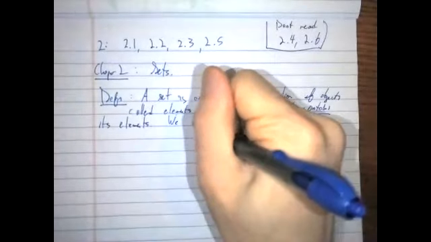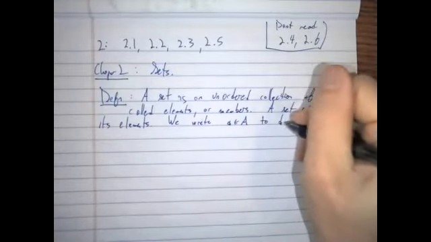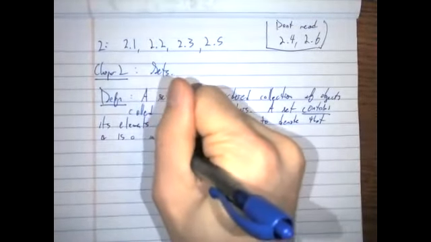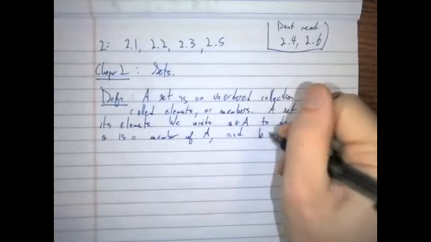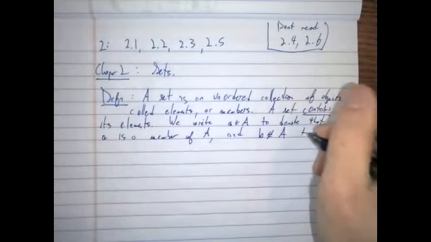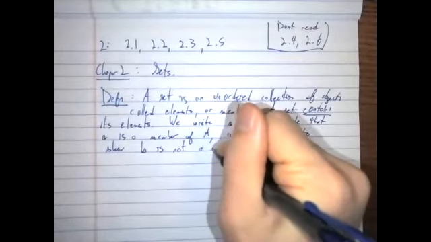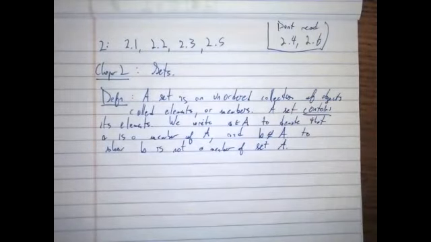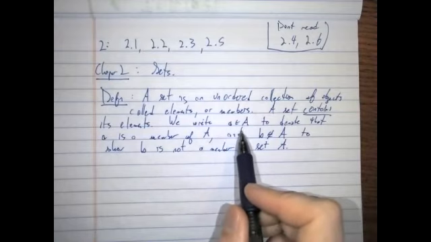We write a in A to denote that little a is a member of set A, and say b is not in A to show that b is not a member of set A. So what I will almost always do is write little letters for elements and capital letters for sets.